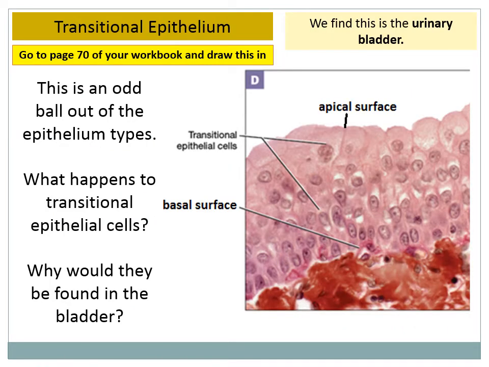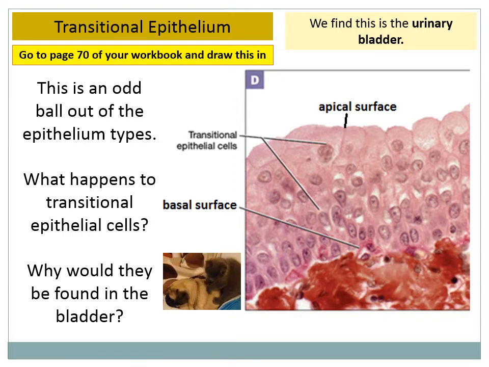Then we have transitional epithelium. So you've gotten used to me saying simple, stratified, squamous, cuboidal, columnar, all those things. And then they throw this at you, which is transitional epithelium. This is our oddball, but it makes sense, which is really, really nice. So looking at transitional epithelial cells, what they're actually going to do is this.